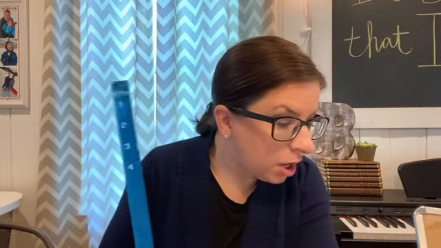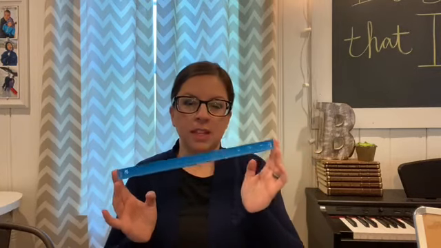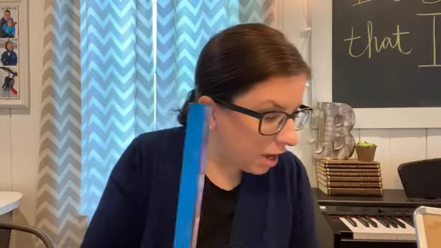If you know how long a foot is, how long a ruler is, you can estimate about how long things are going to be. Like your teacher is 5 feet tall. That's not very tall, but your teacher is 5 feet tall.